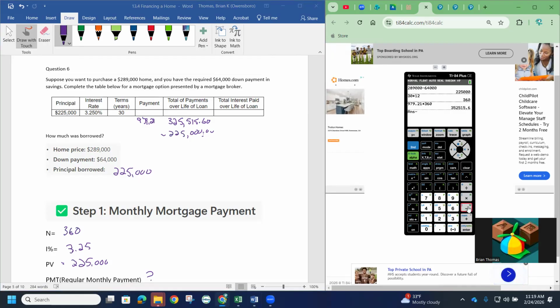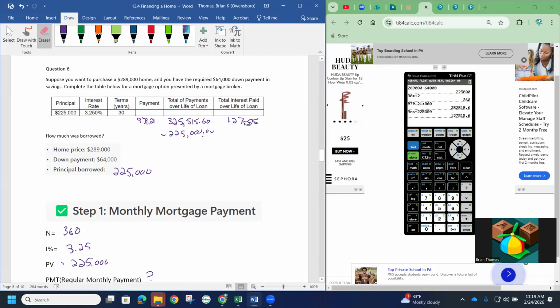So if we subtract from that $325,515.60 the 225,000 that we borrowed, that tells how much we paid in interest. So the interest was then this $127,515 and 60 cents.